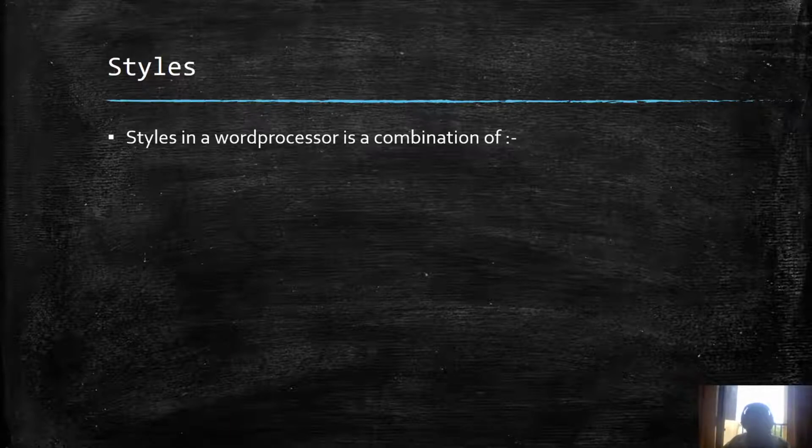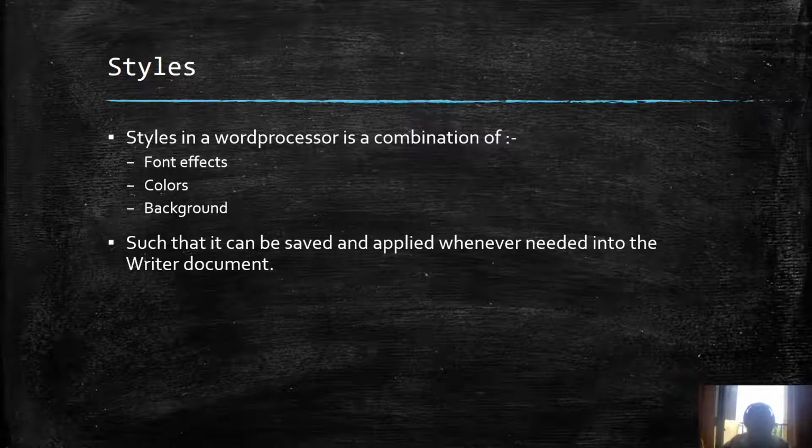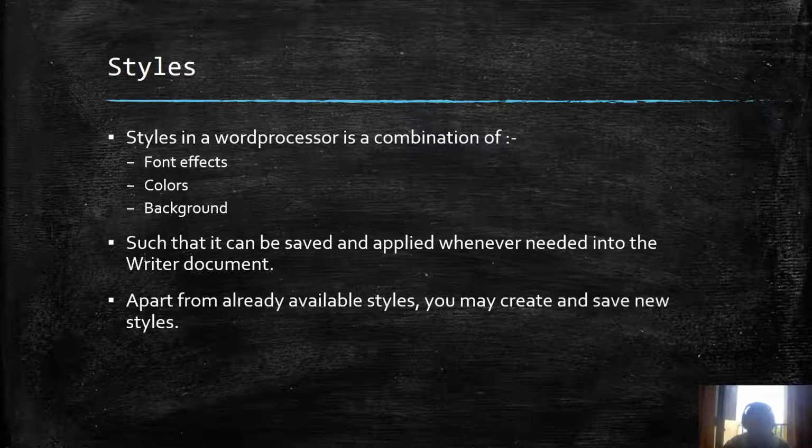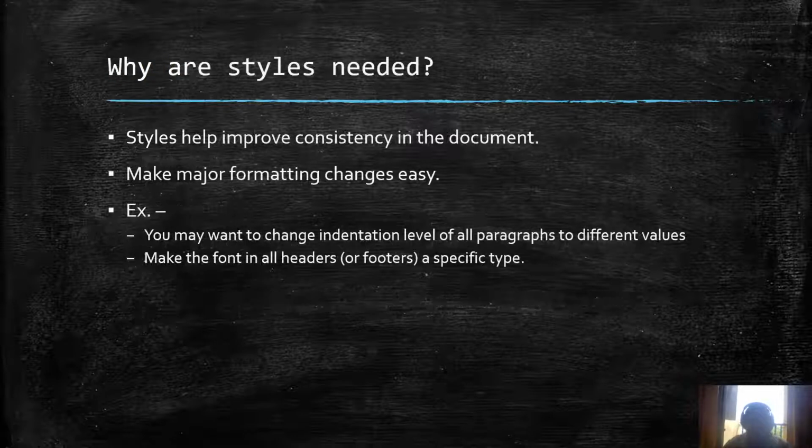Styles in a word processor is a combination of font effects, colors, background, and various other types of formatting effects which you want to apply, such that it can be saved under one single name and applied whenever needed in the writer document. Now, apart from already available styles, you may create and save new styles also. You can create your own custom styles also.